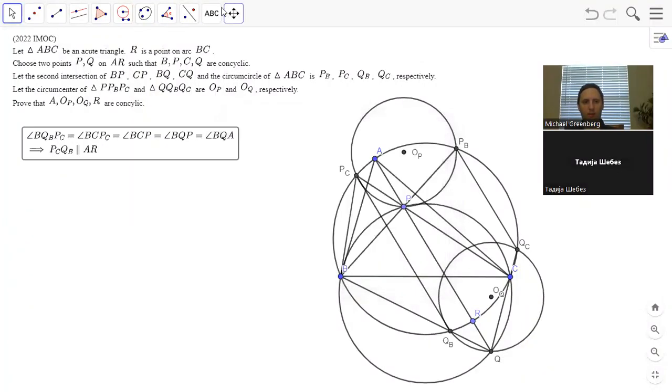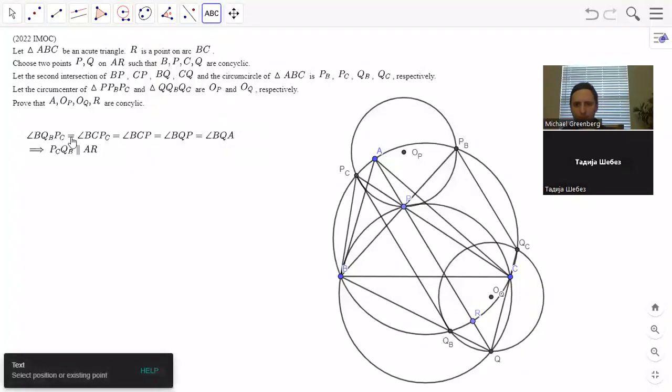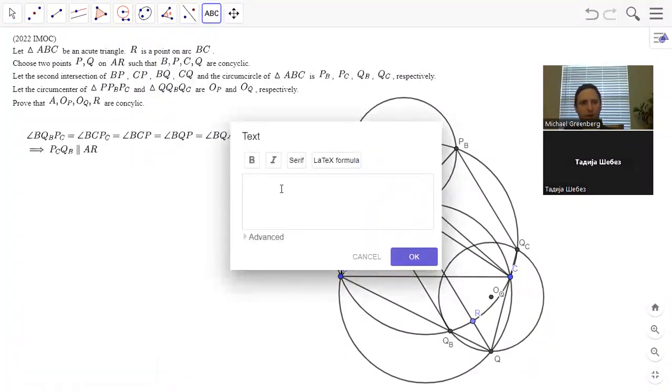And then similarly, PBQC is parallel to AR.